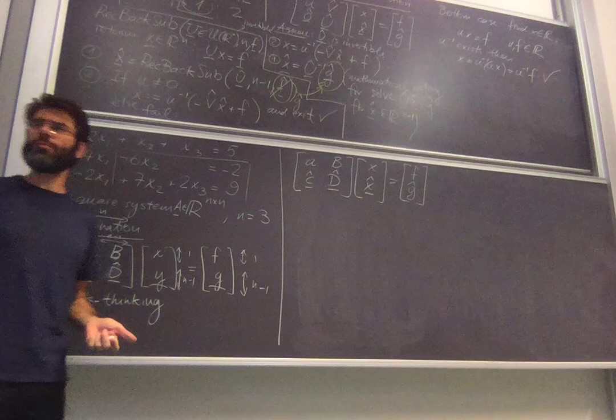What is the solution to this? x equals a half, and y equals 1 minus 3 times x, 1 minus 3 halves, that's minus a half. It's so easy that you don't even need to write it.